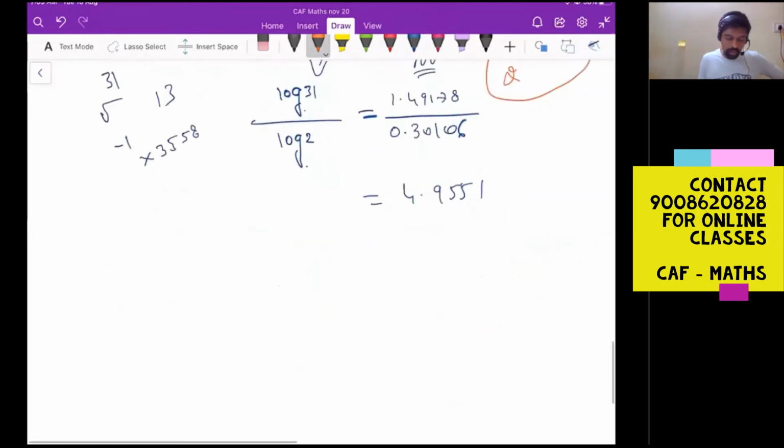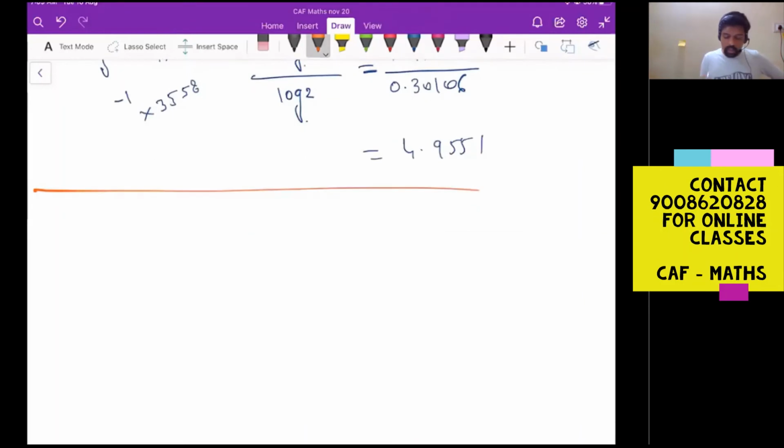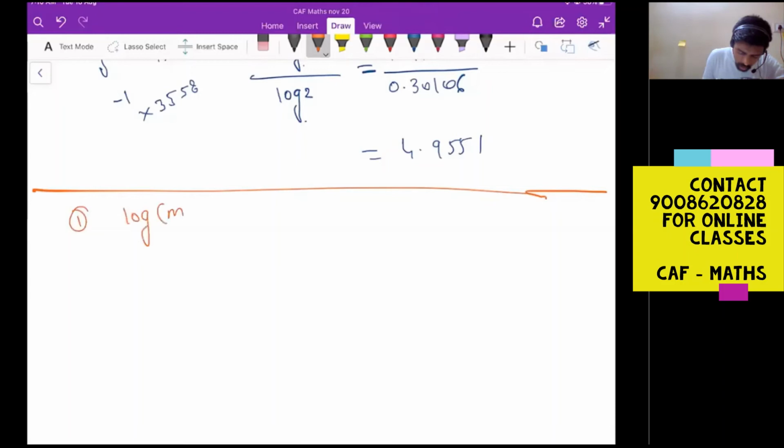All right. Now in this chapter, there are some properties. You have to learn that thoroughly. If you know all the properties, then the chapter will be very simple. So the first property is, please write along with me: log of m into n can be written as log m plus log n.